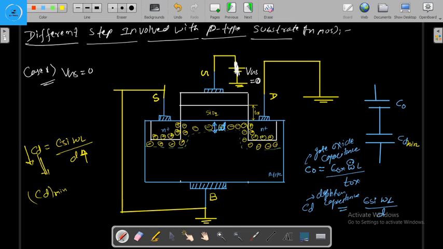Since these two are in series, the net equivalent capacitance will be equal to CO into CD minimum divided by CO plus CD minimum.